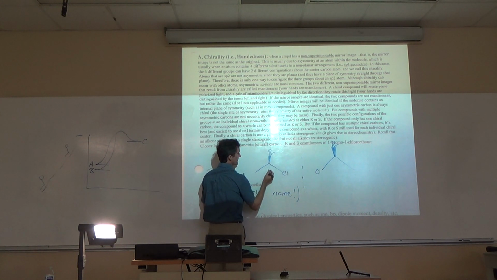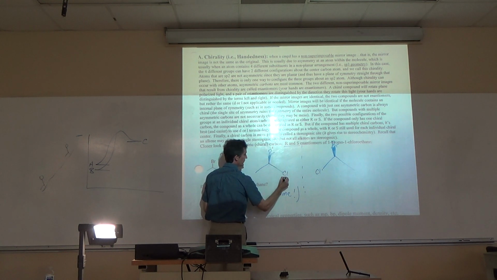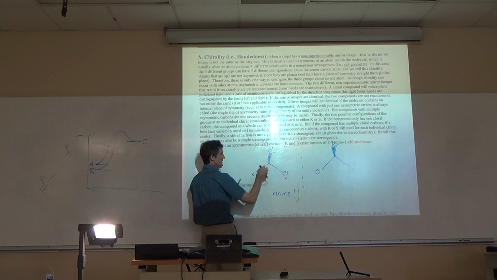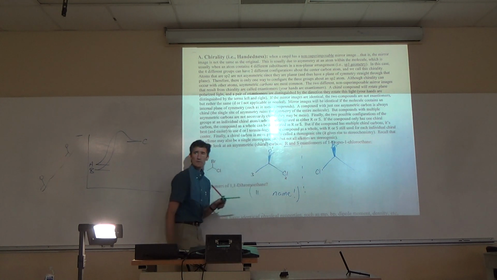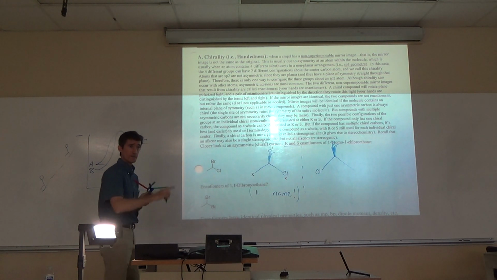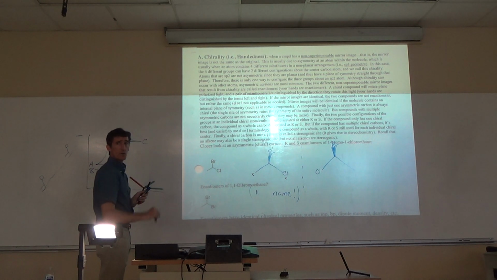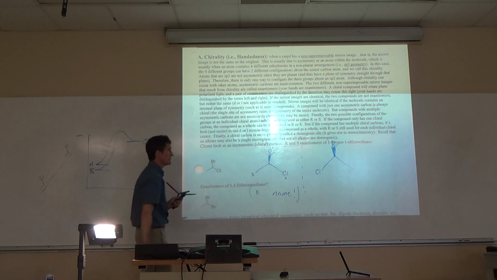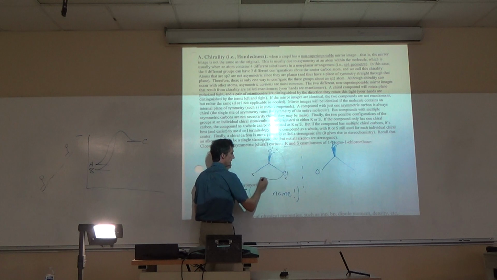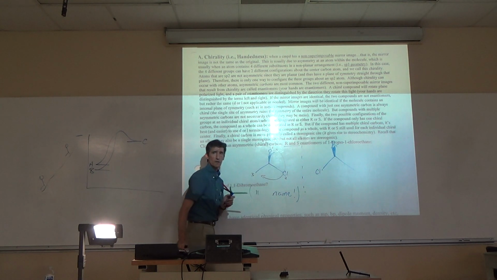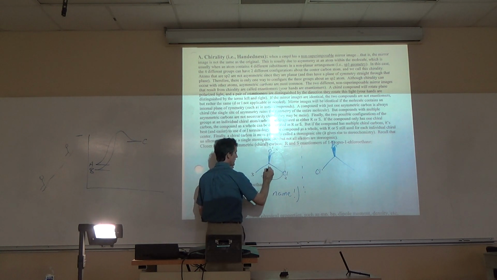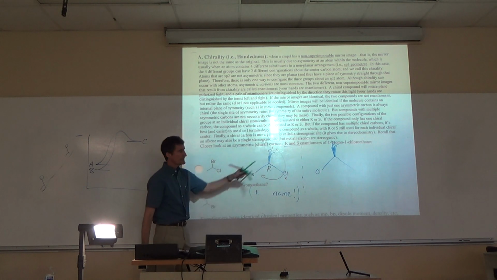Priorities on the first carbon: bromine 1, chlorine 2, methyl 3, H in the back. With a low priority group in the back, is it clockwise or counterclockwise? 1, 2, 3, priorities clockwise. Clockwise is R. This is said to have the R configuration.